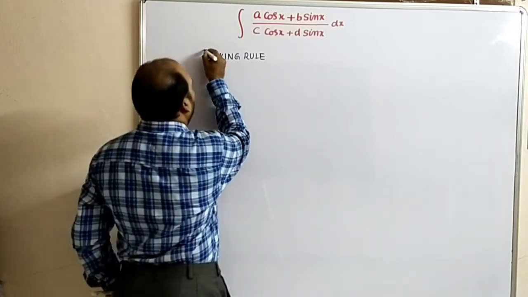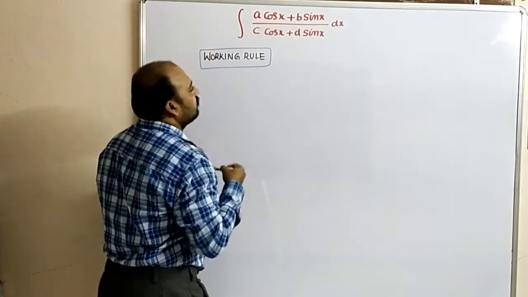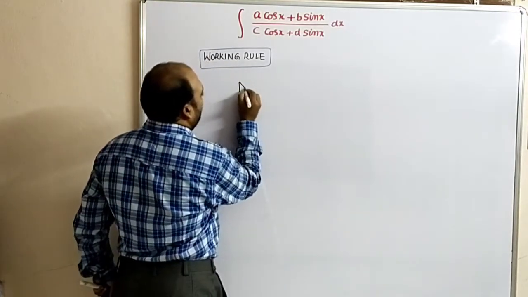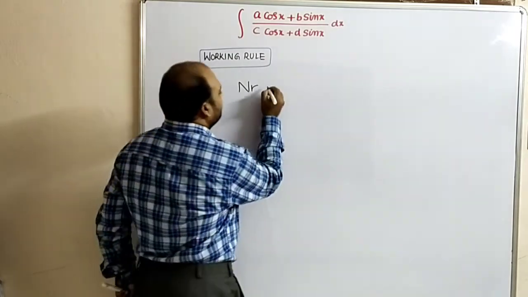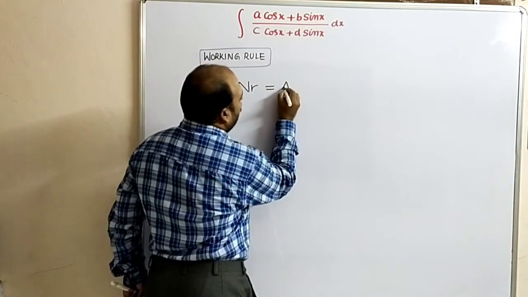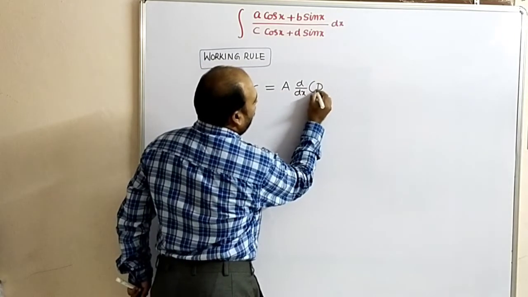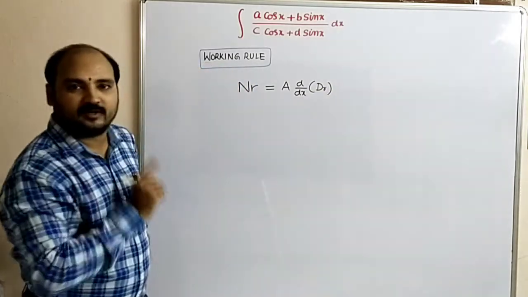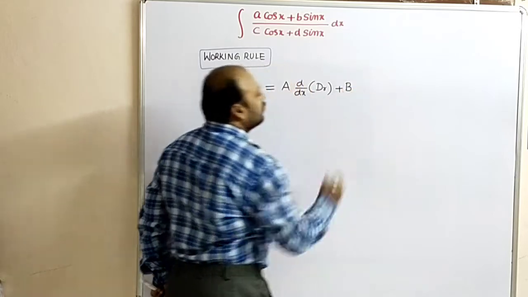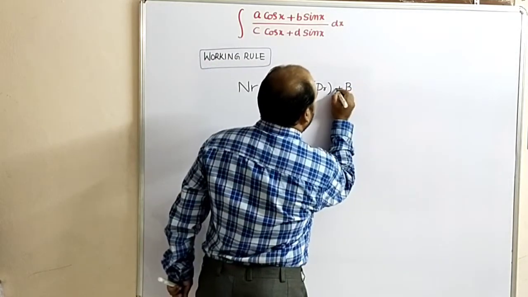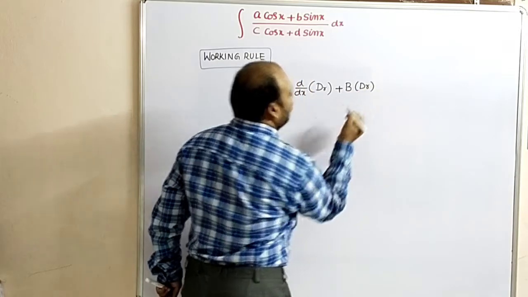So, in that working rule, numerator, NR means numerator, is equal to capital A into d by dx of denominator, here dr represents denominator, plus capital B into denominator.